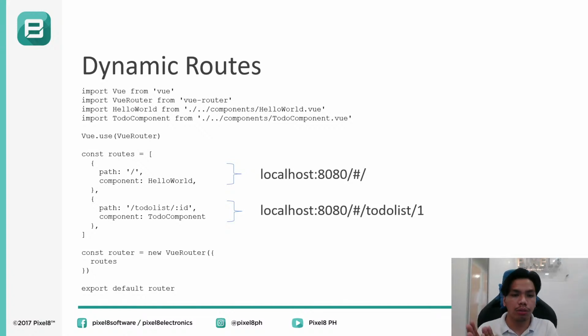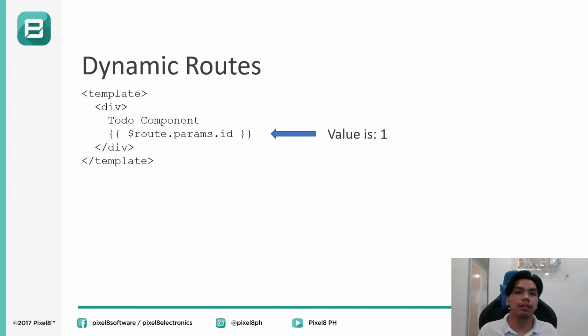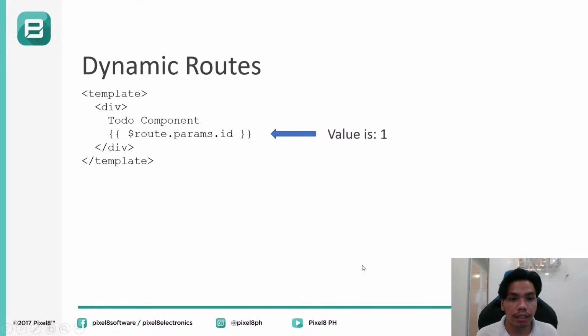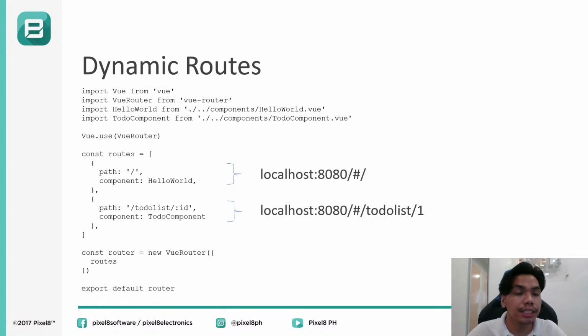Meaning, it is bound to the ID of the route. Now, in order to utilize that value, you simply need to use $route.params, meaning the parameter, which is colon ID, and the value it's going to get is 1. So that is how you pass values in between routes. That is what we call dynamic routes.